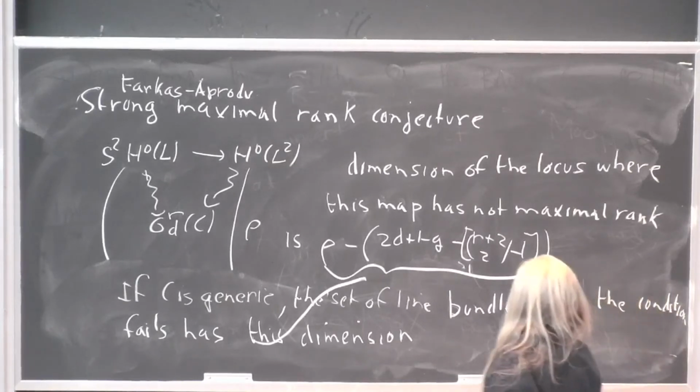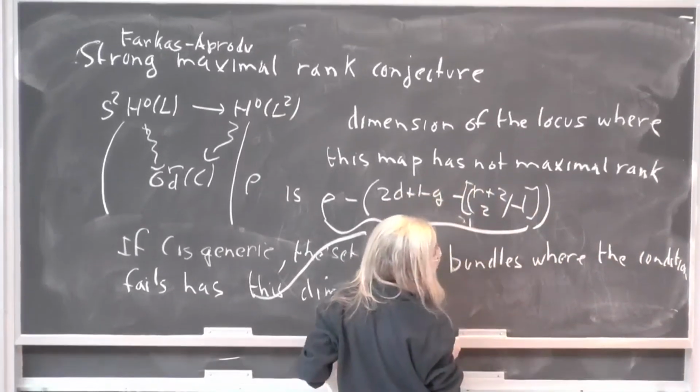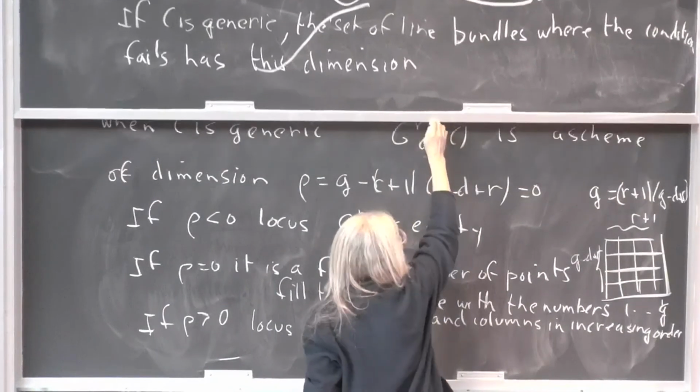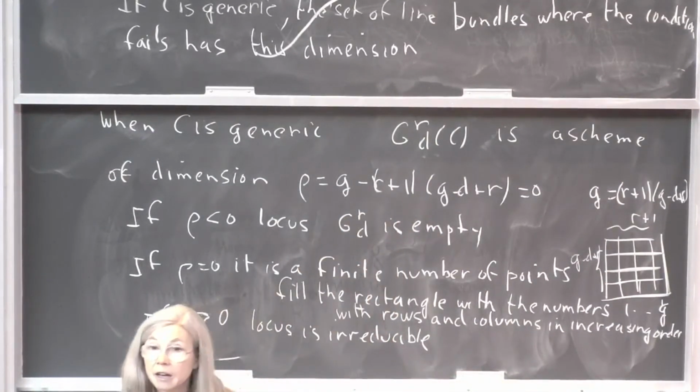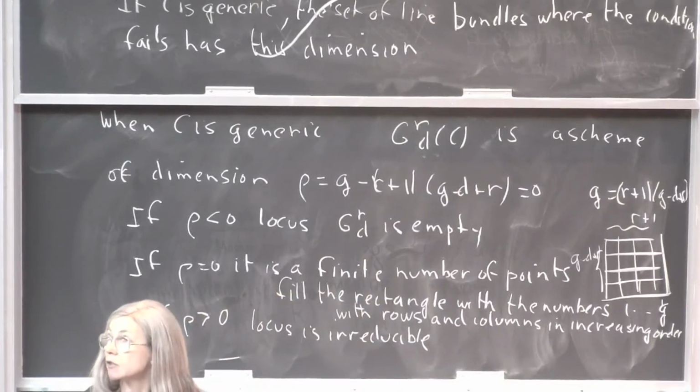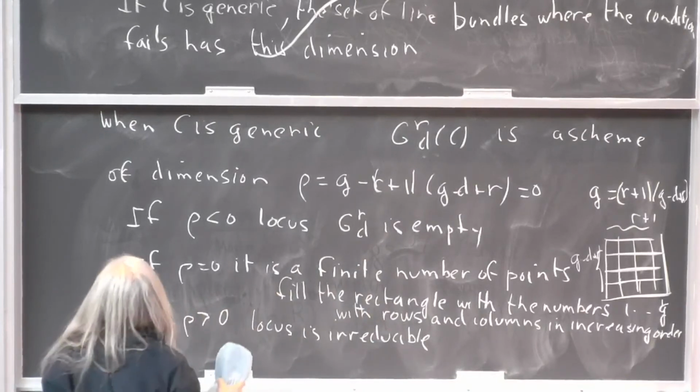If you look not at one curve at a time, which is what I have been doing so far, but instead want to look at all the curves of a fixed genus, you get something really nice, what's called the moduli space of curves of genus G, which is written MG.